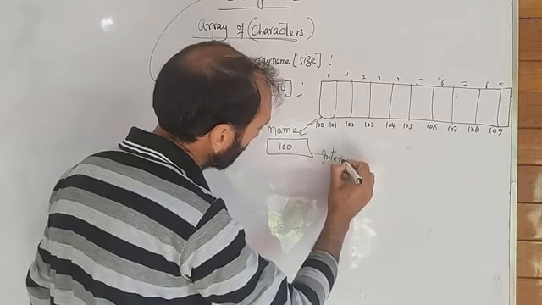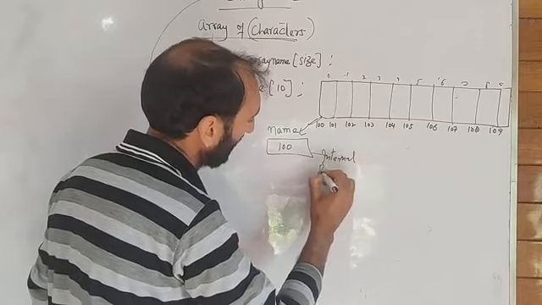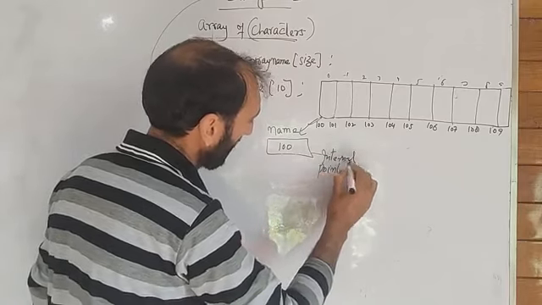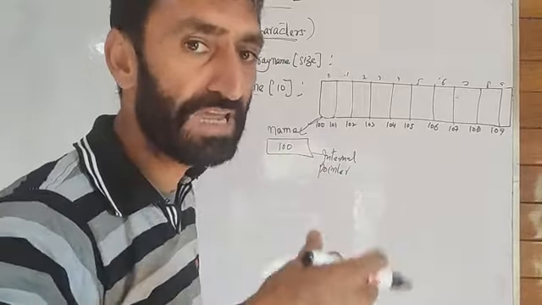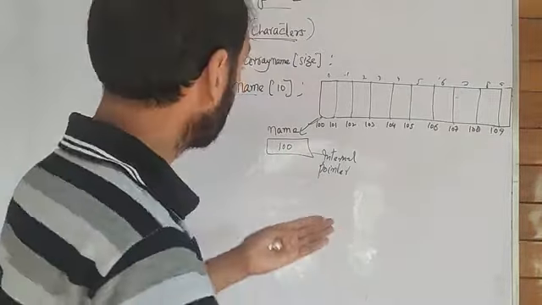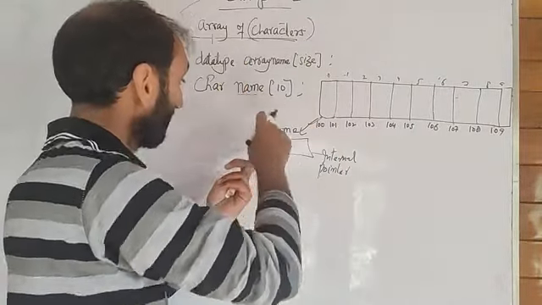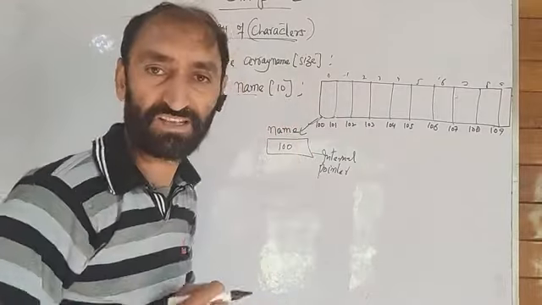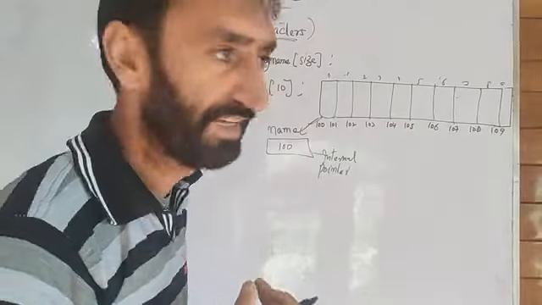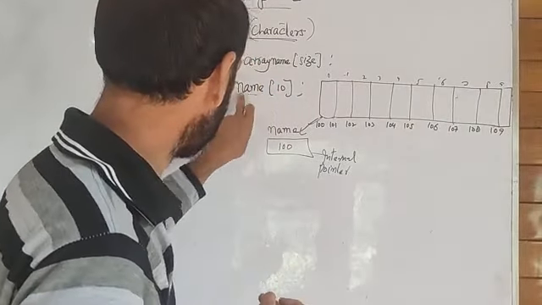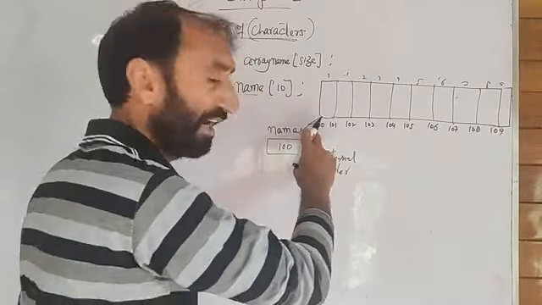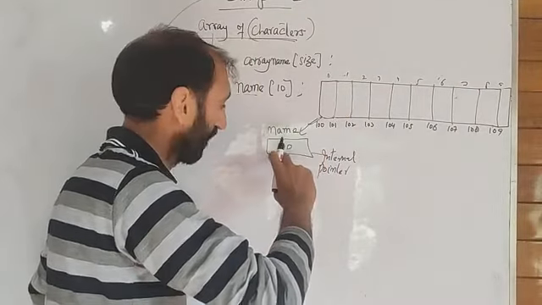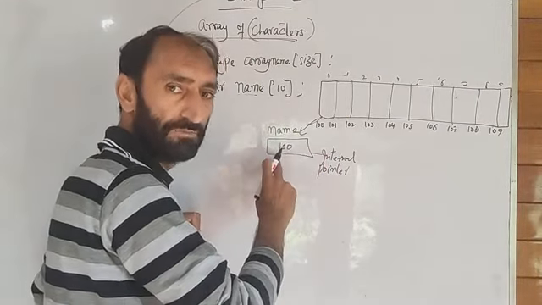The array name is an internal pointer that contains the base address of the array. In the same way, the string name contains the starting address of that string. Here, name is the name of the string and the starting address is 100. That 100 is going to be stored in this name, the base address.